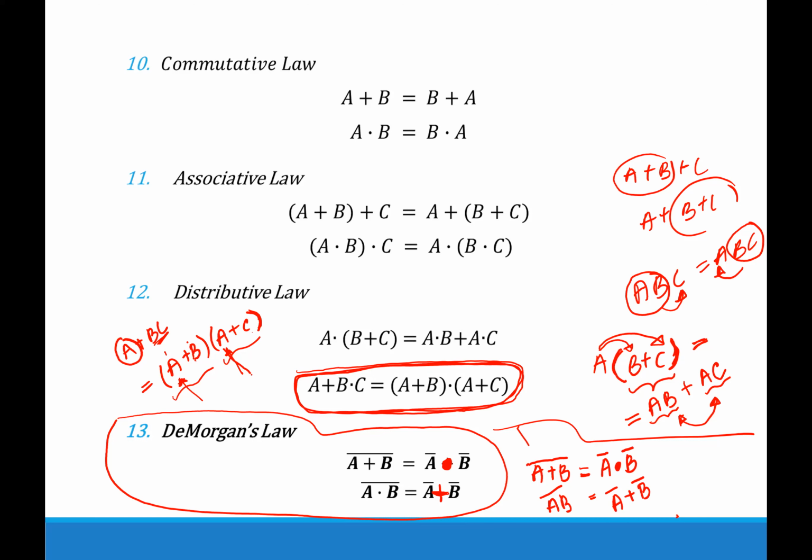Remember that here we change the summation into multiplication, and also here we change the multiplication into a summation. Any doubts so far? This is very important, so don't do that mistake like me. When you simplify expressions, don't do that mistake. You need to correct that like this.